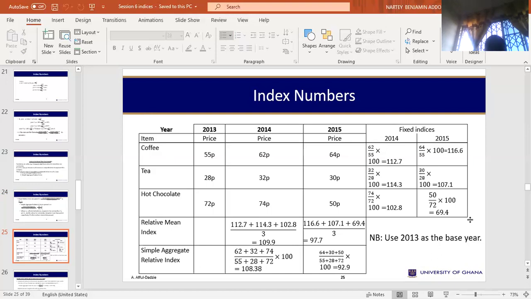So if we sum up all the base prices, that will give you the sigma p subscript 0. And then the summation of all prices in the current year is the sigma p subscript n.